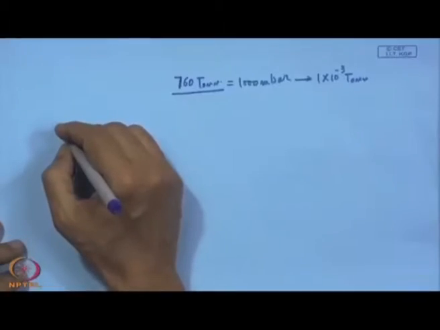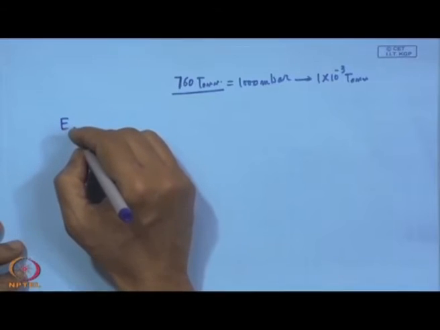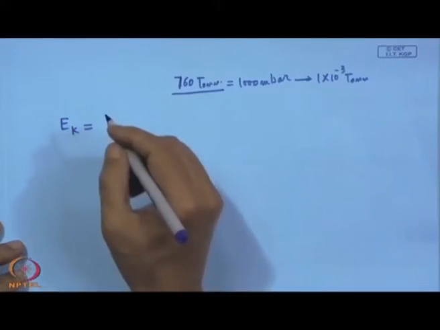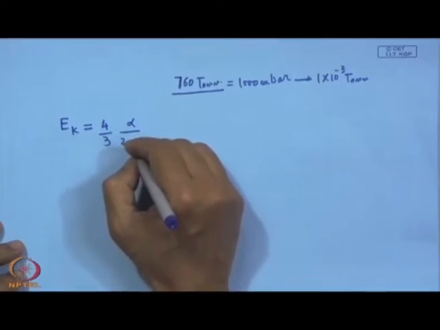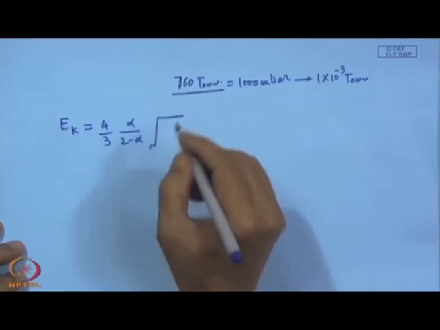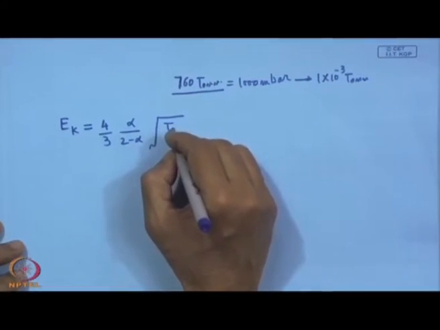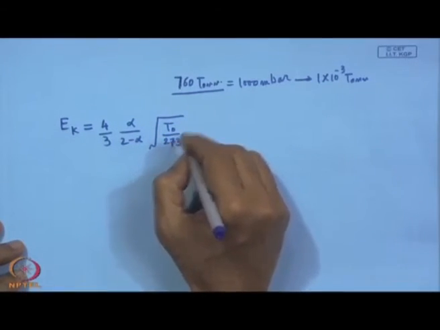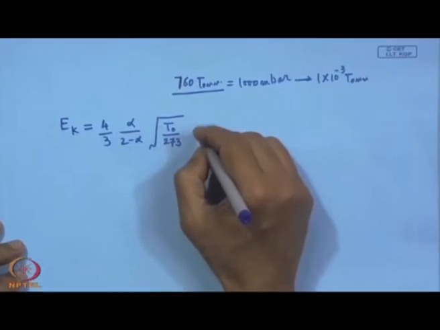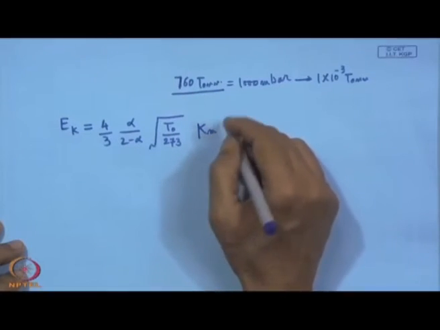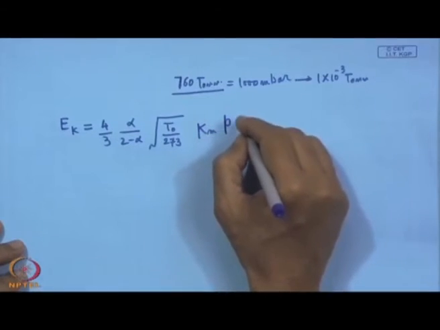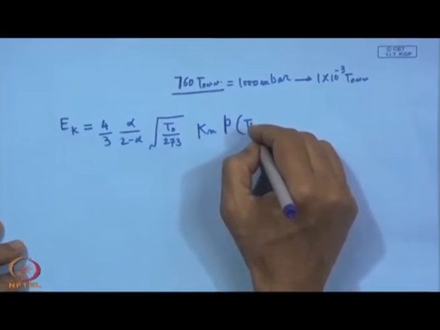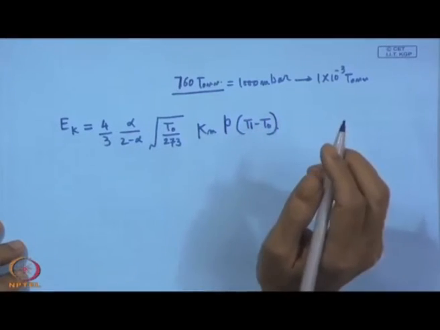So, there is one equation, and it can be written as Ek, that means the heat loss due to conductivity, given by alpha by 2 minus alpha, root over, into the remaining terms.